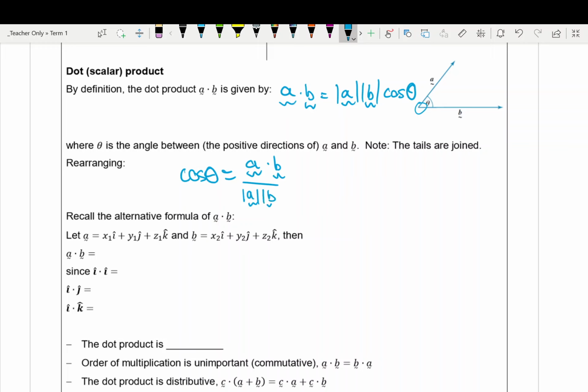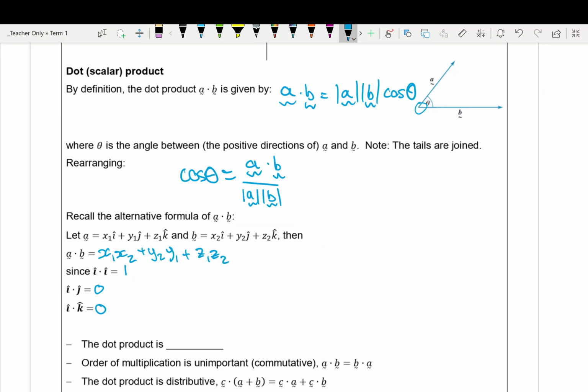And this is useful because we have a second definition of the dot product, which is that A dot B is equal to the sum of the products of each coefficient. Since I dot I equals 1, I dot j equals 0, and I dot k equals 0.